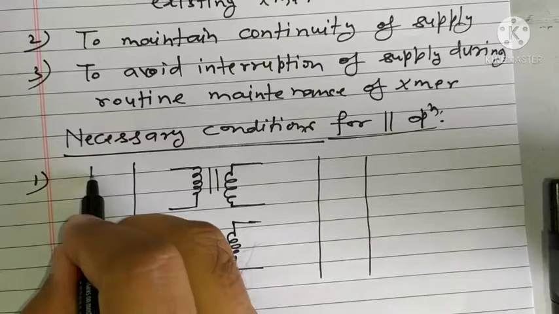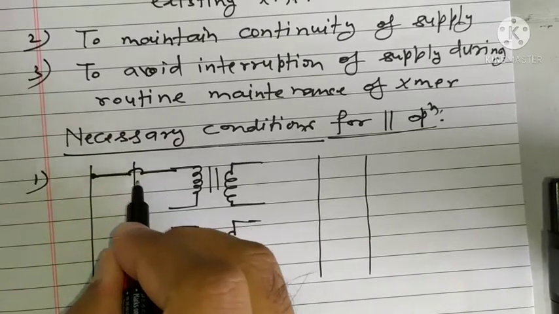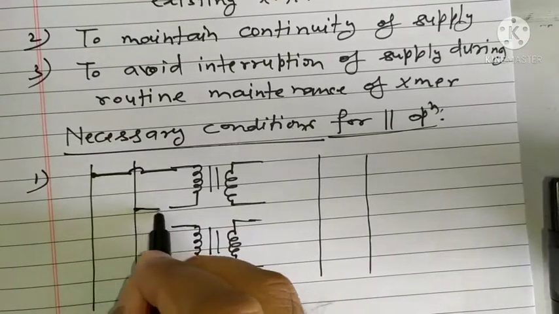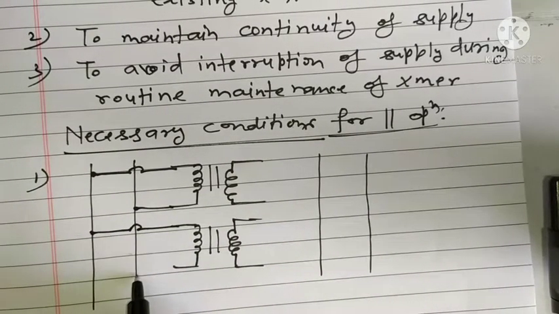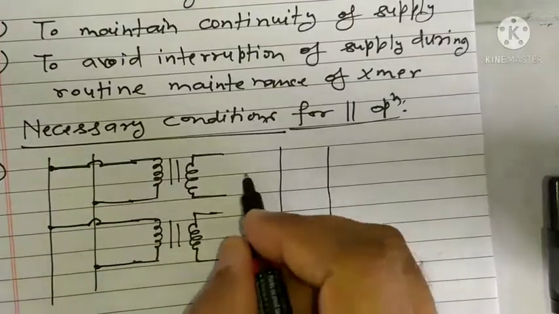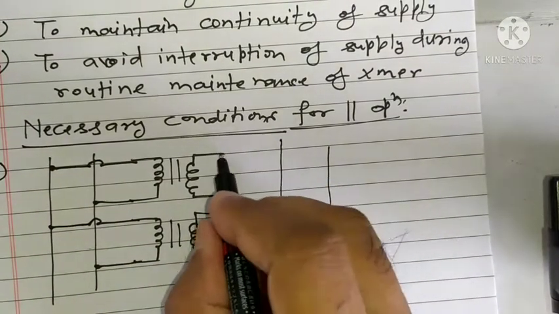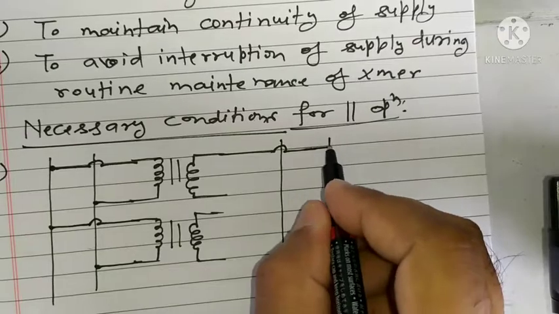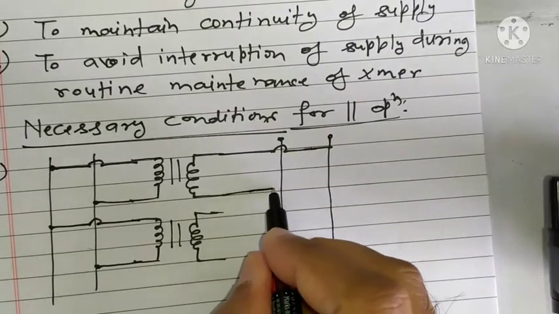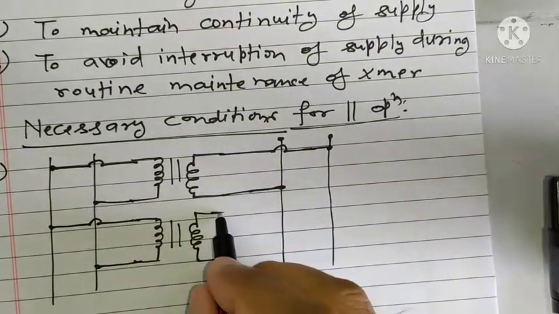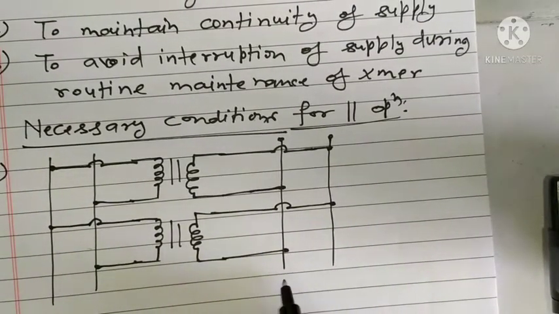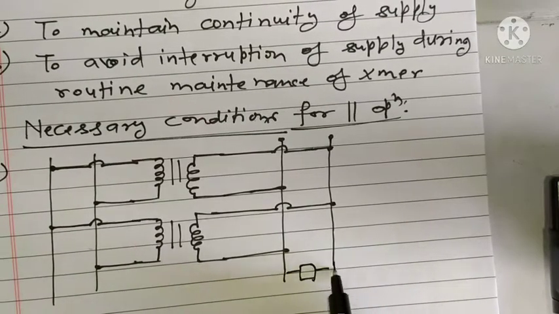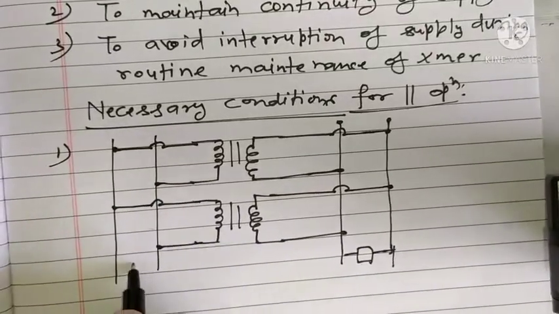One transformer is connected here, the second transformer is also connected to this bus bar. The secondary side is also connected, and we can connect the load here, right?